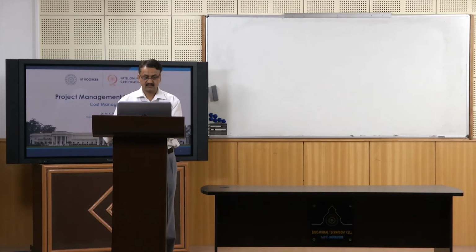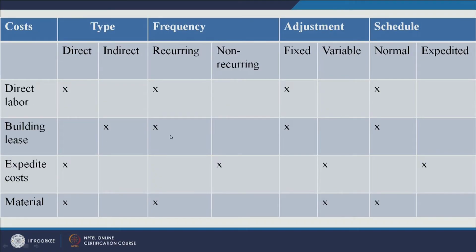This is the answer. So, direct labor cost is a recurring cost, as I said, it is fixed and it is also normal. As far as building lease is concerned, it is an indirect cost. It is recurring, it is fixed but normal. Of course, expedite cost is a direct cost, it is a non-recurring type, because you will be expediting the project just once.